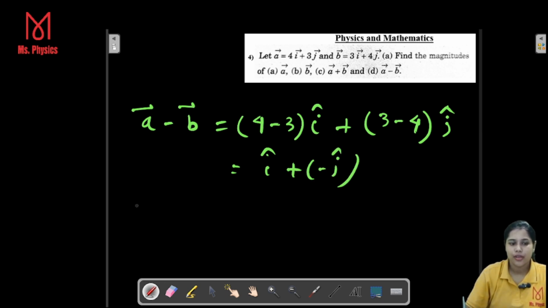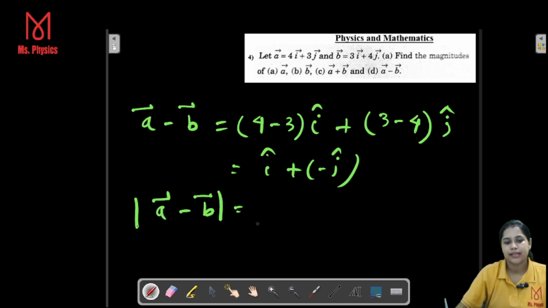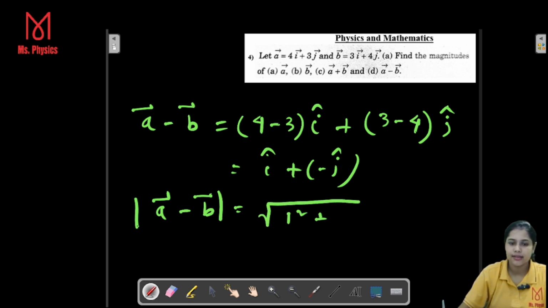Now if you take the mod of it, the magnitude would be under root 1 square plus 1 square, which is equal to root over of 2. So this is the answer.